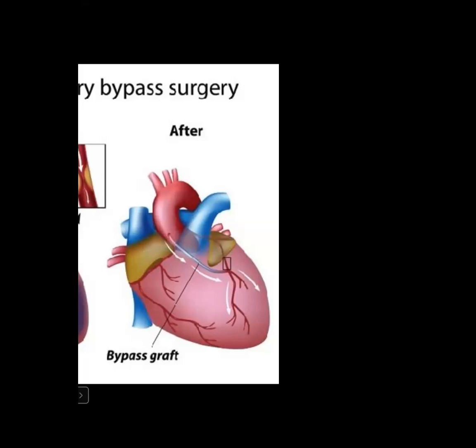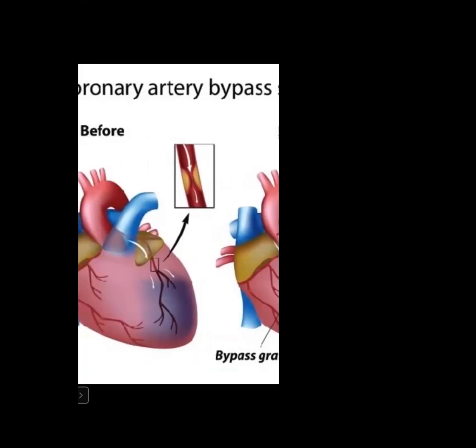So this vessel is connecting the aorta with that part of the coronary artery which is below the stenosed part or below the affected part, so that the blood can now be directly diverted from the aorta to those coronary vessels which will supply that part of the tissue which was initially deoxygenated.